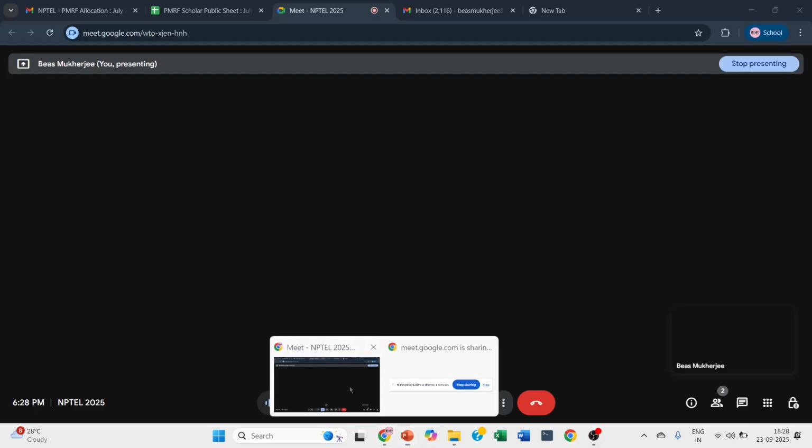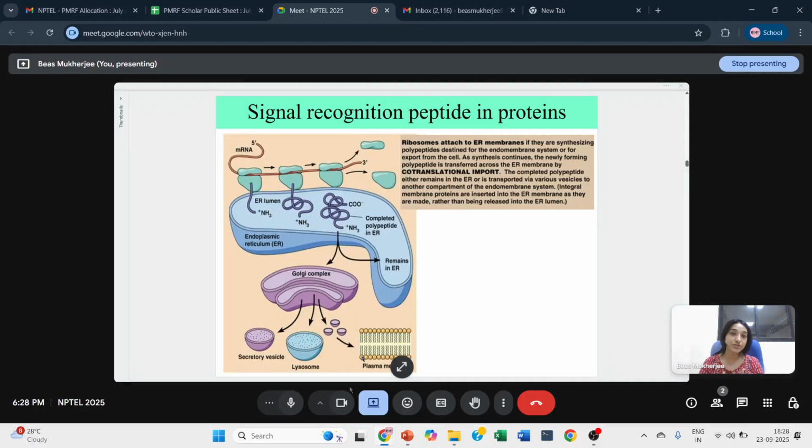Next, we are going to talk about post-translational and co-translational transport in a little more detail. See what happens in co-translational transport. Ribosomes are attached to the ER membrane if they are synthesizing polypeptides destined for the endomembrane system. So what is the endomembrane system? Endoplasmic reticulum, Golgi, lysosome, and other things, for example secretory vesicles and plasma membrane.